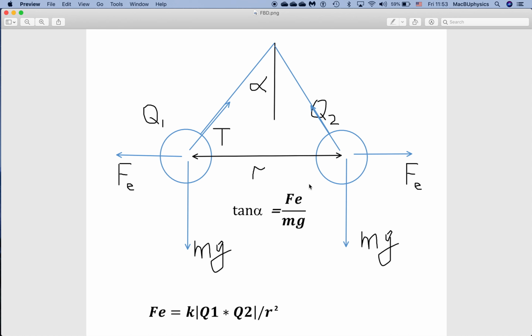No matter what's happening, these two forces must have the same magnitude in opposite directions. Again, PY211 mechanics.